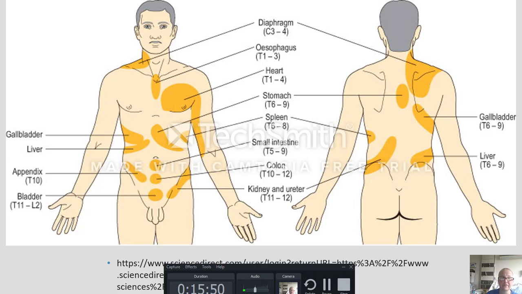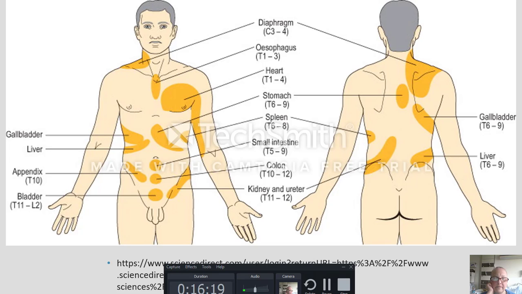And this is a picture that kind of shows the area of pain. You can see here the diaphragm is up here. And then you have your esophagus, the heart, the stomach, the spleen.